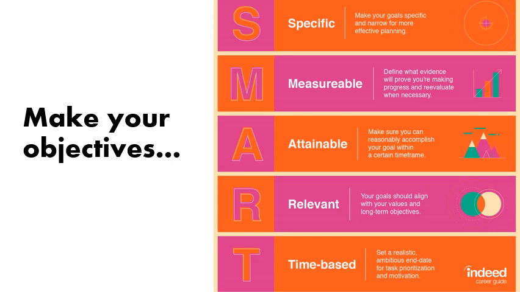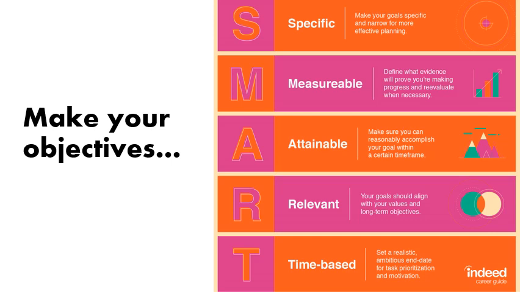For A, attainable, you have to see if the expected behavior can be performed by the audience or they're capable of doing it. You have to make sure you can reasonably accomplish your goal within a certain time frame. For R, relevance, you have to see if the expected behaviors all align well with the goal, or else the audience will get lost. So your goal should align with your values and long-term objectives.